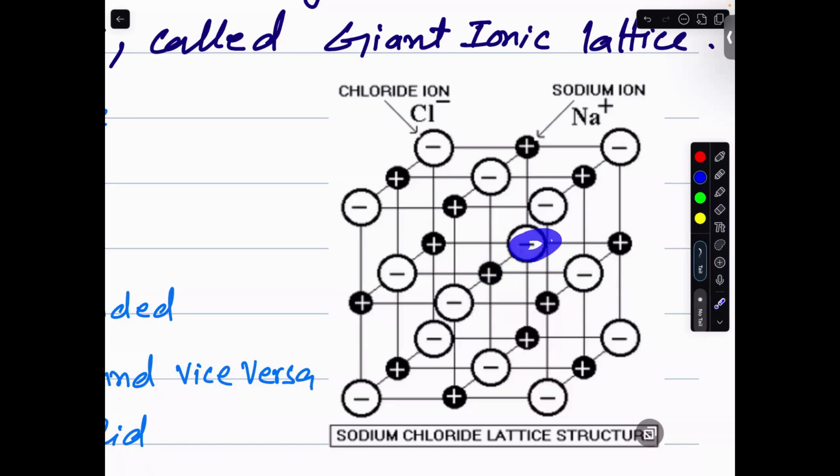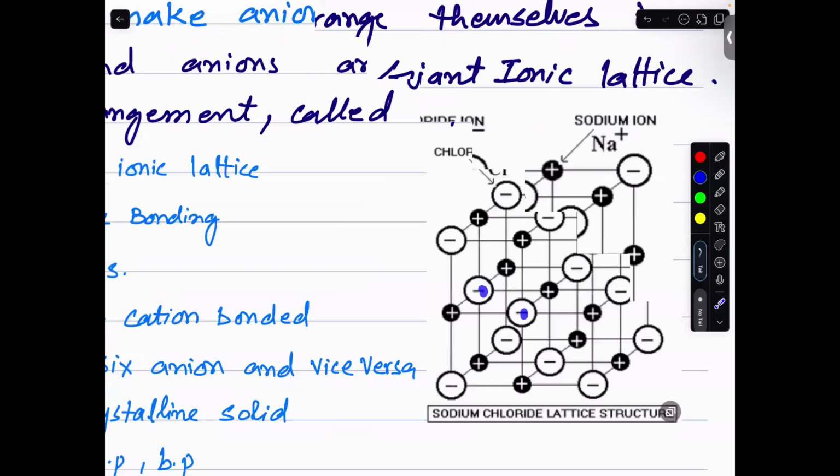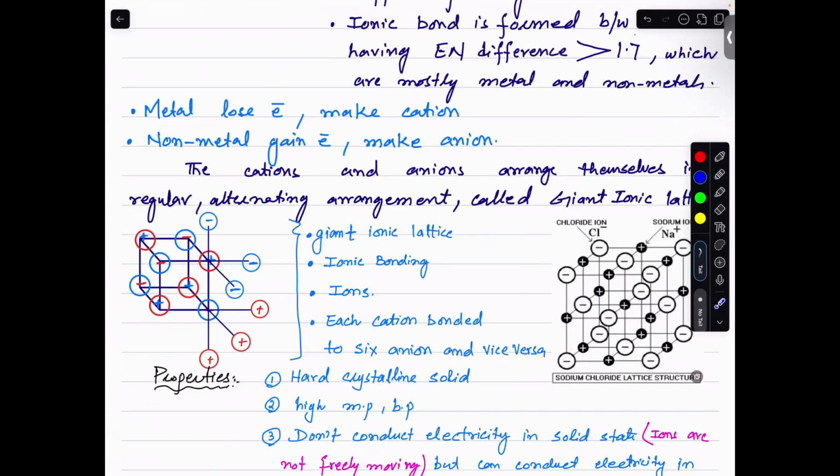If I take this anion, wait, let me check. It is bonded to 1, 2, 3, 4, 5, and there is another. Look, each anion is bonded to 6 cations, and each cation to 6 anions.